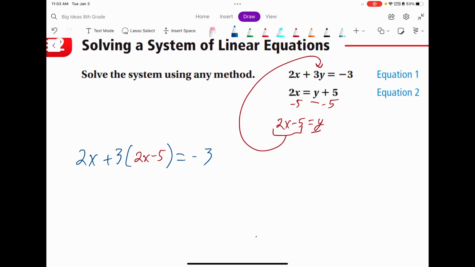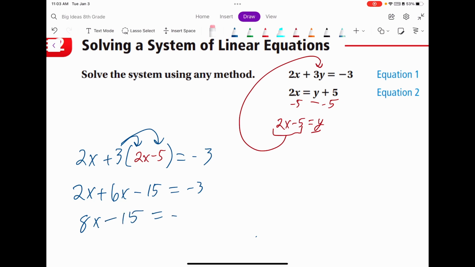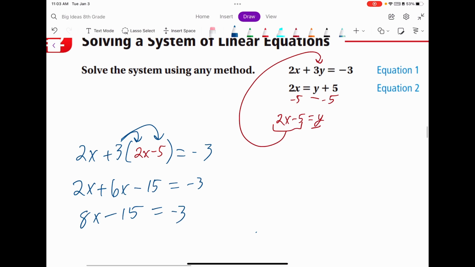Okay? So from here, we just use our distributive property and start solving. I have 2x plus 6x minus 15 equals negative 3. Combine our like terms, we have 8x minus 15 equals negative 3.